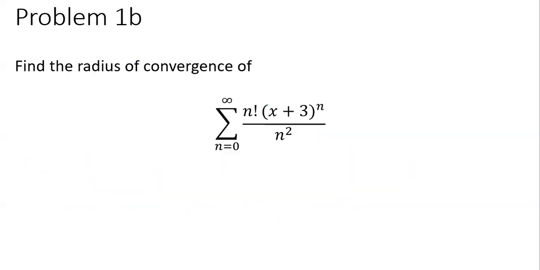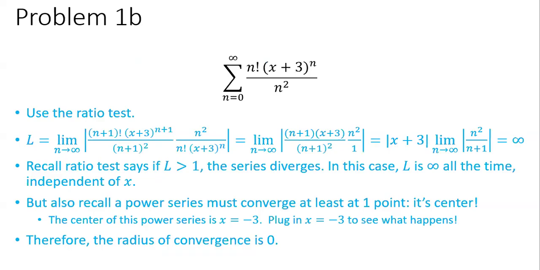Okay, part B. How about this radius of convergence? Summation as n goes from 0 to infinity, n factorial times (x plus 3)^n, all over n squared. So go ahead and try this on your own. We use the ratio test again: limit as n goes to infinity, a sub n plus 1 divided by a sub n.